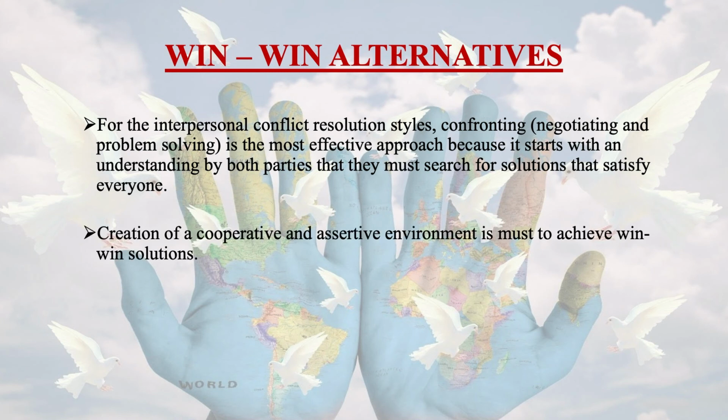So creation of a cooperative and assertive environment through negotiating and problem solving is a must to achieve a win-win situation, since the solution must be acceptable and satisfying to everyone.